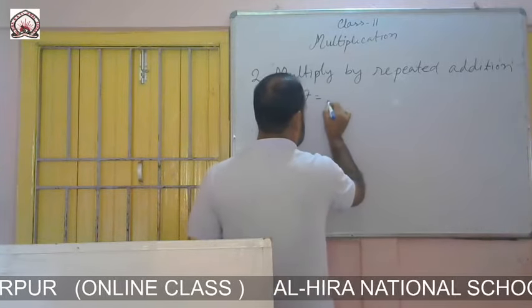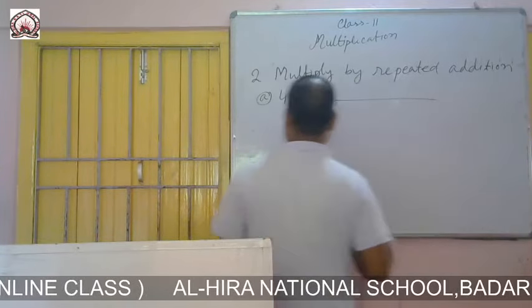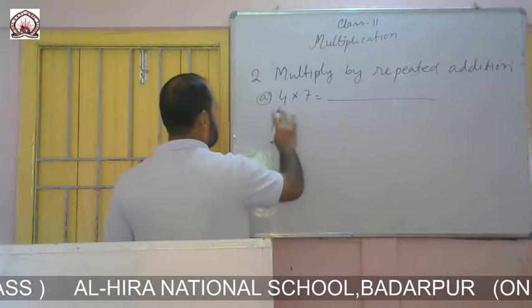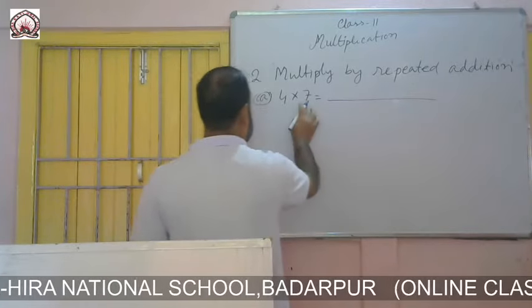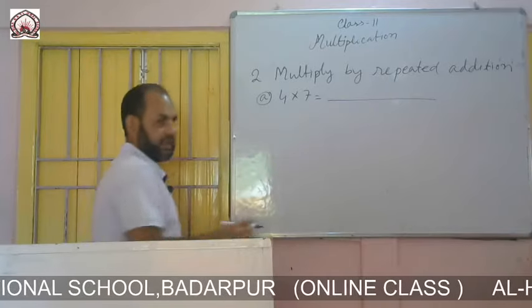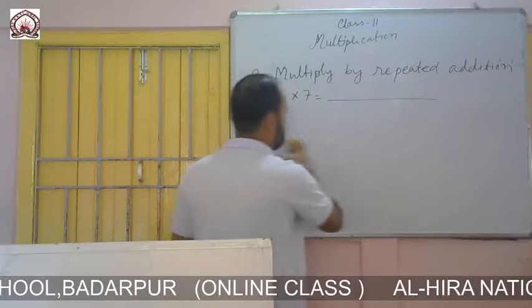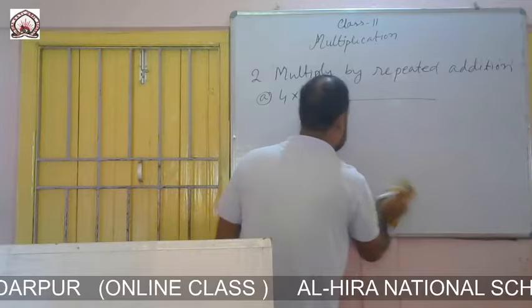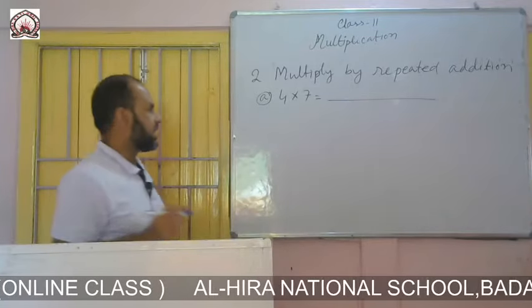So here we get 7 4 times. If we add 7 4 times, we get the answer.